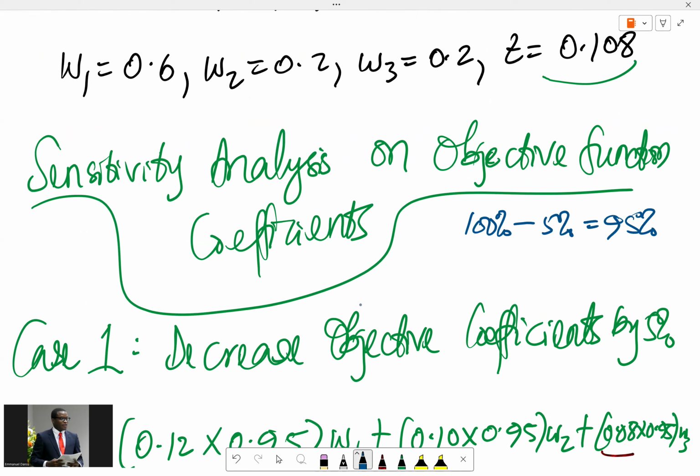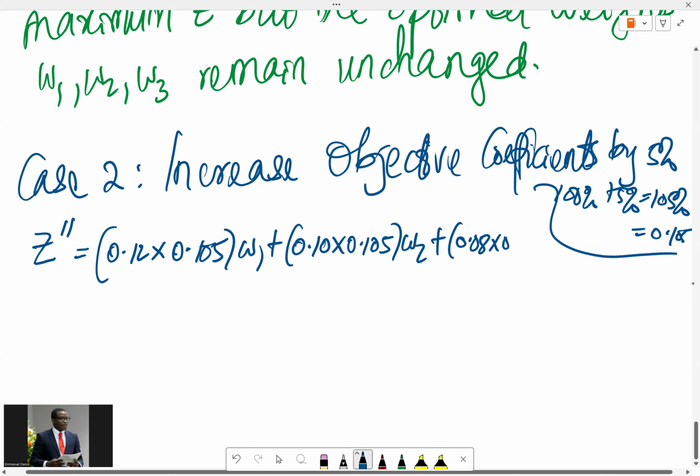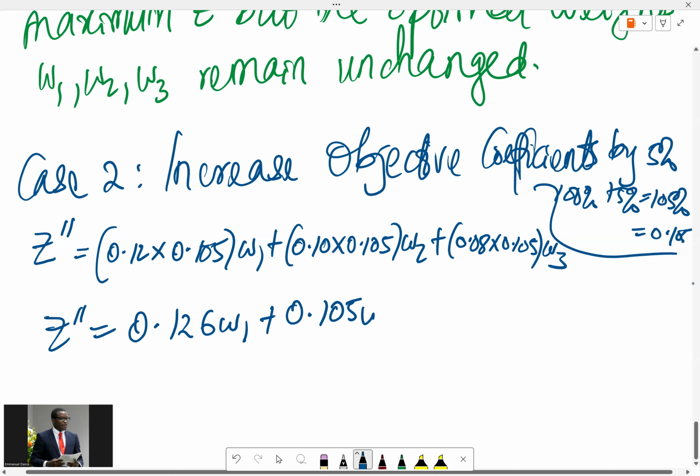So our new Z prime prime is going to be 0.12 times 1.05 W1 plus 0.10 times 1.05 W2 plus 0.08 times 1.05 W3, so that the new Z prime prime is now 0.126 W1 plus 0.105 W2 plus 0.084 W3.